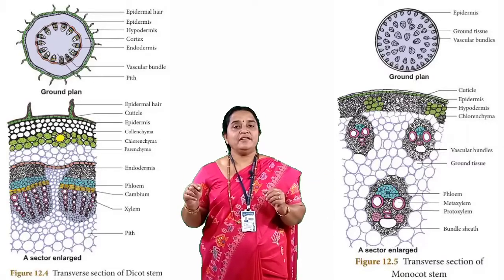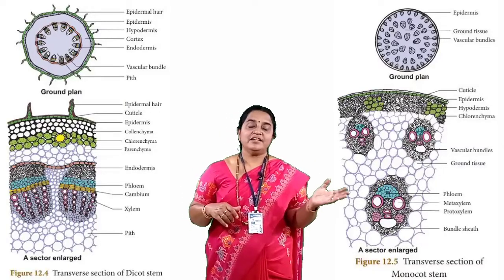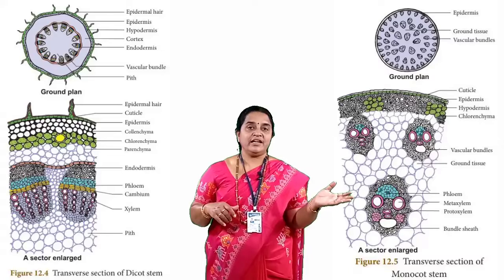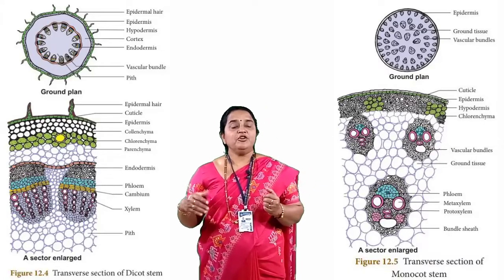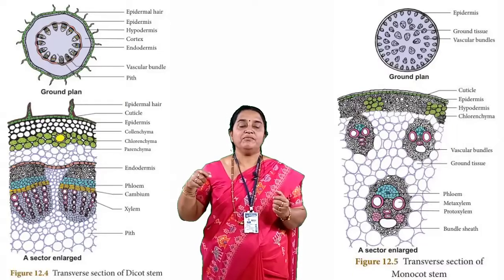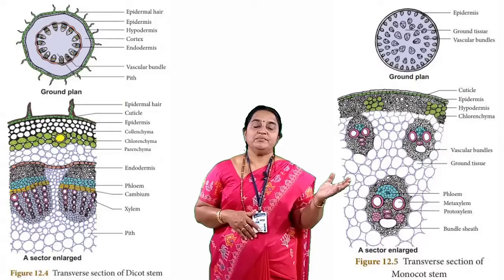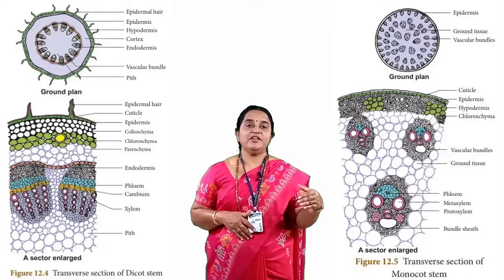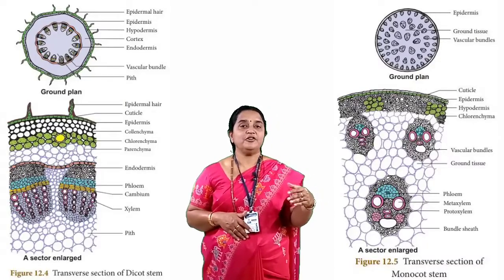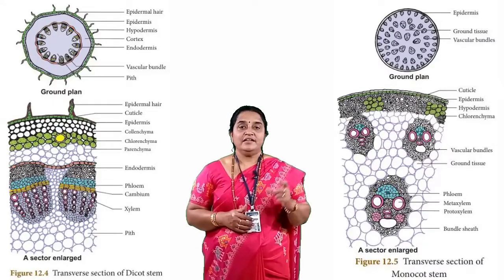Here vascular bundles are said to be conjoined collateral open type, here they are conjoined collateral closed type. Stele is said to be eustele as the arrangement of vascular bundle is in the form of broken ring. Here the bundle sheath protects the vascular bundles, and stele is said to be atactostele as vascular bundles are scattered.